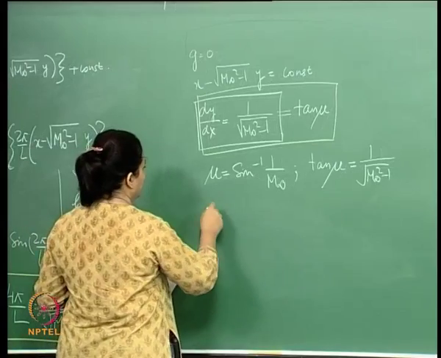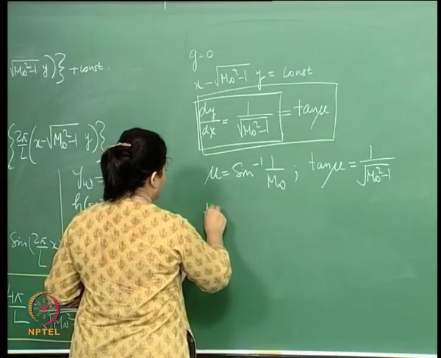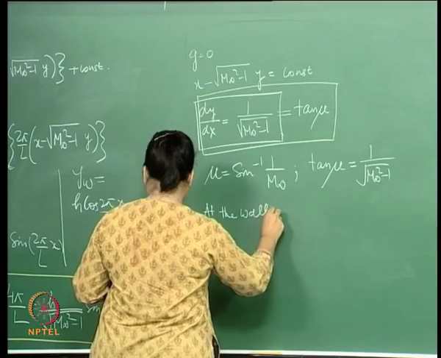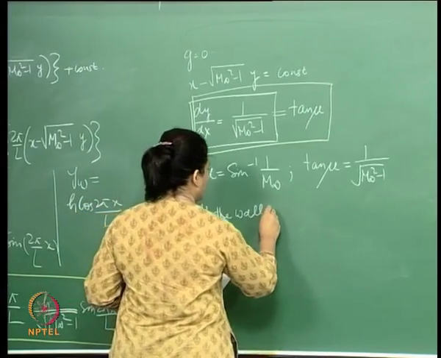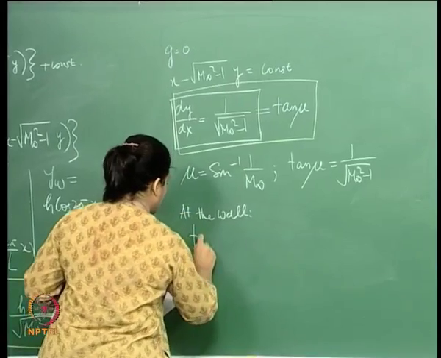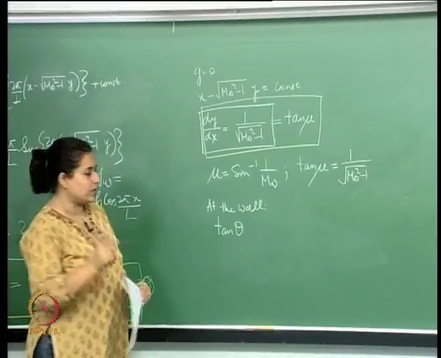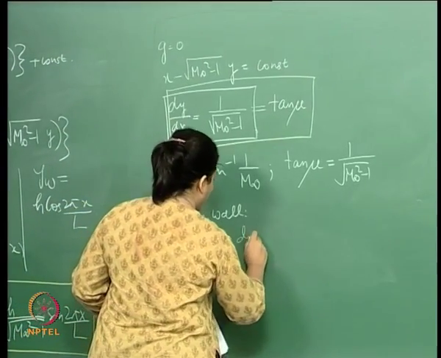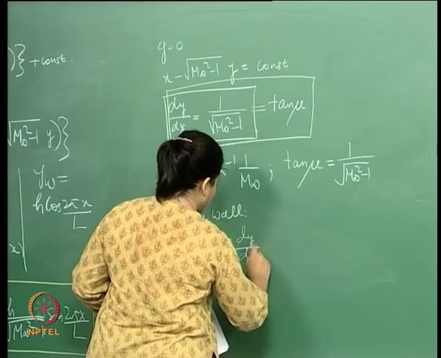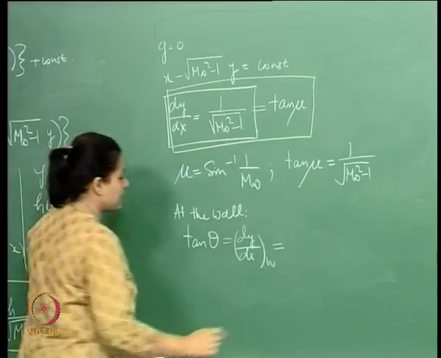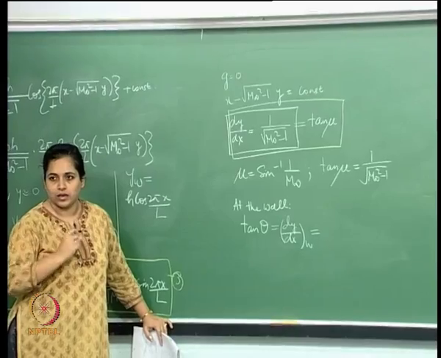Now at the wall, theta is such that tan theta is dy by dx at the wall. So tan theta is the physical slope.